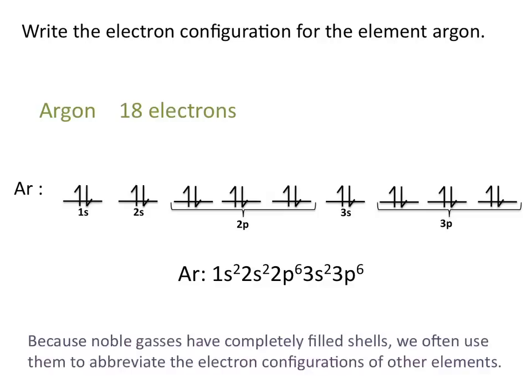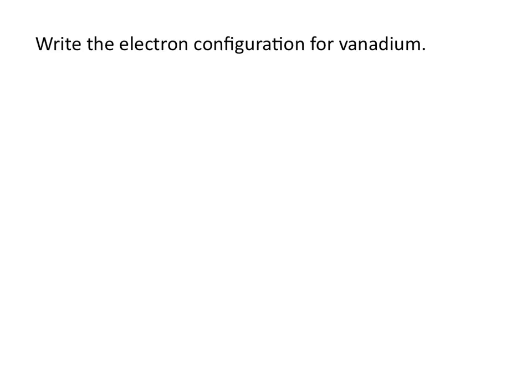Now what's interesting about the noble gases is that they have completely filled shells, and so we often use them to abbreviate the electron configurations of other elements. So if we were to write the electron configuration for vanadium, vanadium has 23 electrons. I'm going to write this electron configuration directly in the abbreviated method.